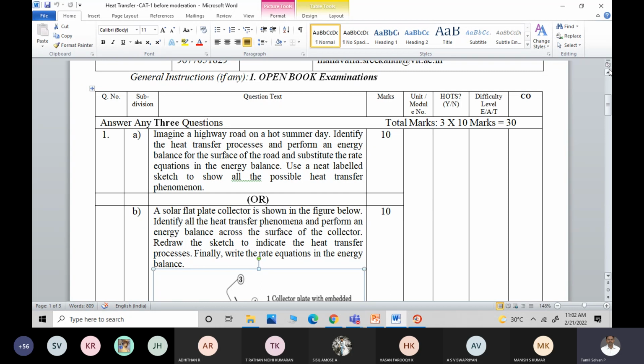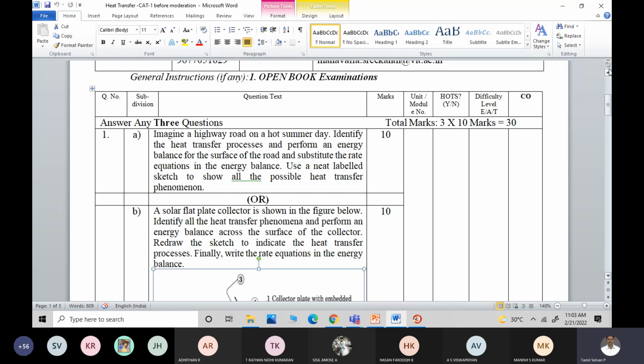Q conducted is the heat conducted from the surface to the bottom and into the soil, and Q convected is from the surface to the air in contact. Q convected is equal to hA delta T, and Q conducted is equal to minus kA dT/dx. If you understand the radiation process and want to include it, as I mentioned, it's an open-ended question: Q radiated is equal to Q conducted plus Q convected.